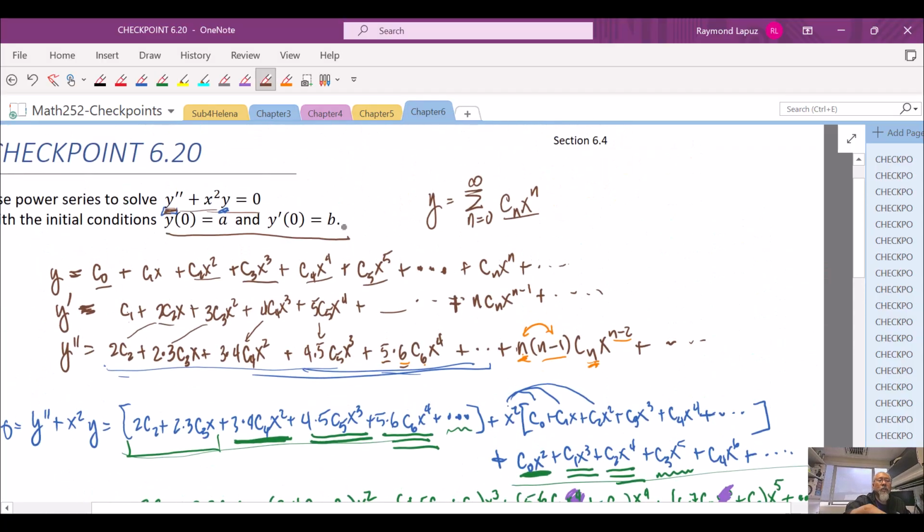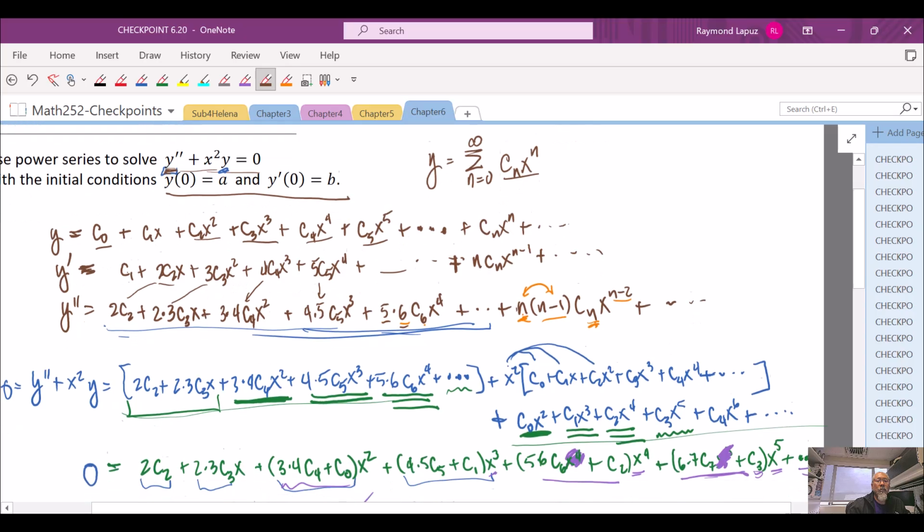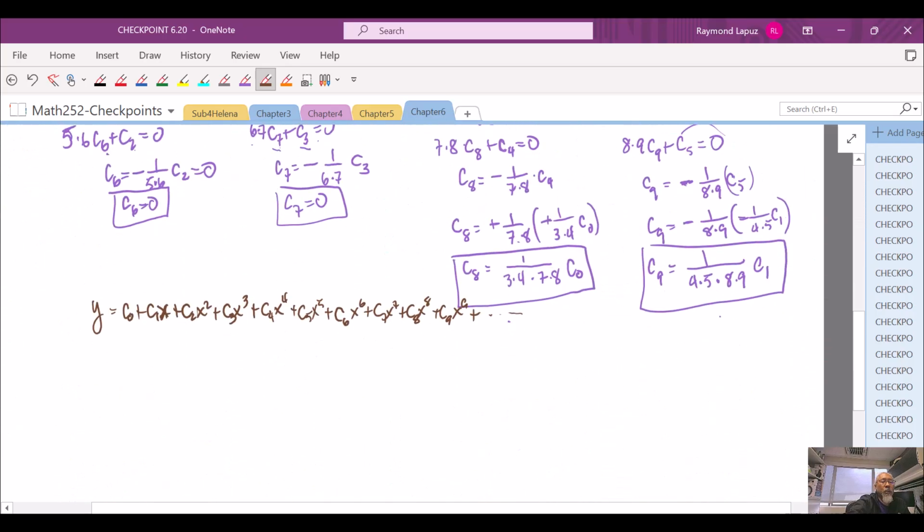Y of 0 is equal to A and y prime of 0 is equal to B. So if I put in 0 for x, I'm going to get the constant c sub 0, and then all these terms, c sub 1 times 0 plus c sub 2 times 0 squared. Clearly, all these terms will have zeros in it. So this will just be equal to 0, which means y of 0 is equal to A, and this will just mean that c sub 0 has to equal A.